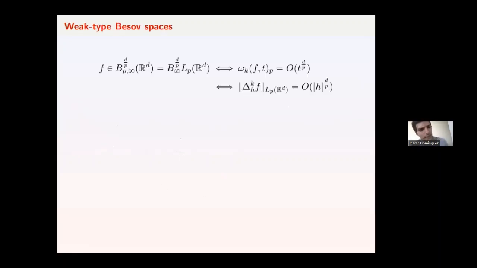So the first result that I would like to present to you in this talk answers the previous questions, and it is based on weak type Besov spaces. So the idea is to combine both methods. I mean, to combine the strength given by the second index in Besov spaces, the fine index, together with the strength given by going from L^p to weak L^p spaces.